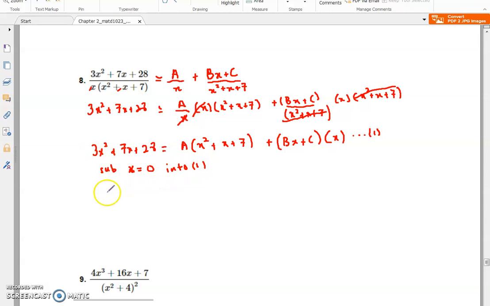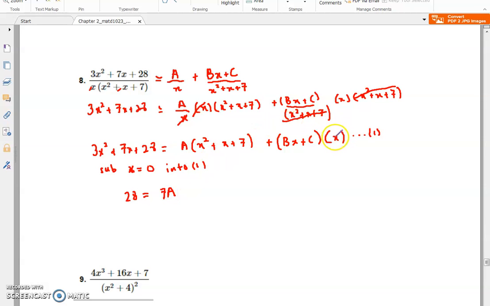You are going to get 3 times 0 which is 0, 7 times 0 will be another 0, so it will be 28 on the left hand side. Here also, if you put 0 for x squared, you are going to get 0. X here, if you replace it with 0, again another 0 will appear. So 7 plus 0 plus 0, so it will be 7a.